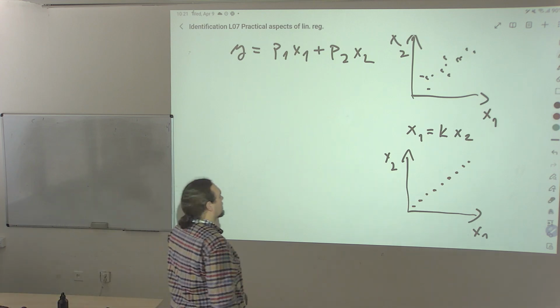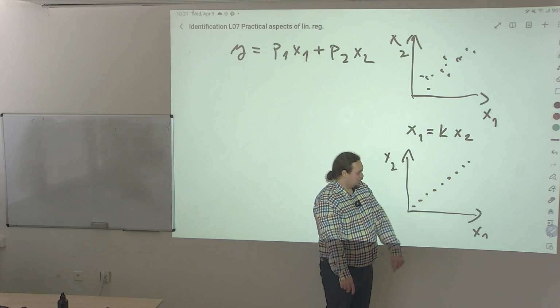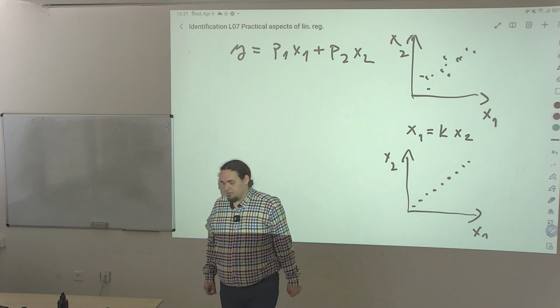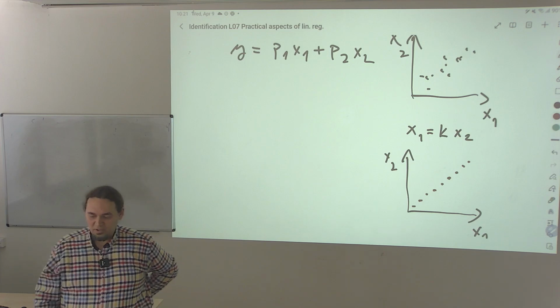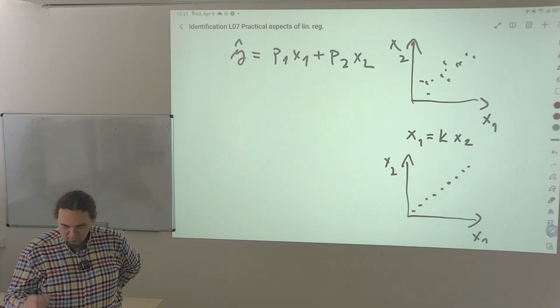So these are our independent variables. We set up the experiment, temperature, pressure, and then we measure some dependent variable that we wanna find this sort of model for.